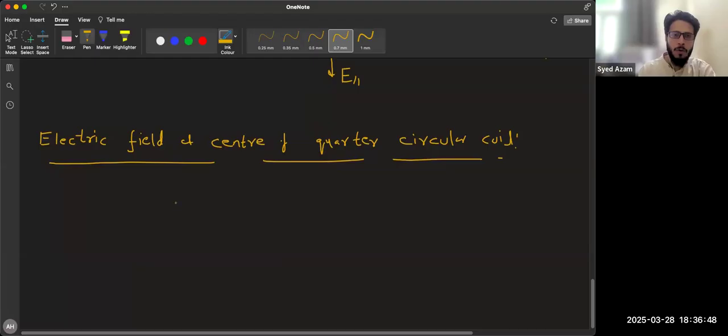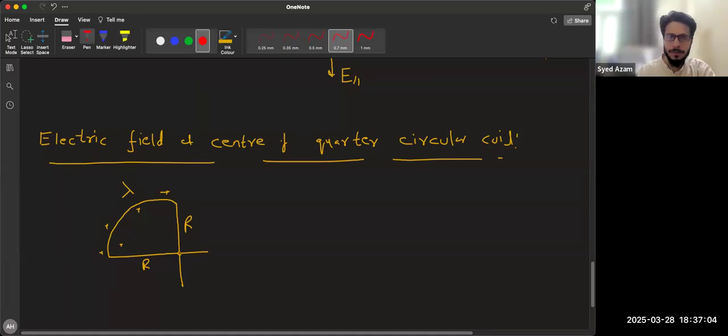So if you have a quarter circle, this is a quarter circle. It has some positive charge. Linear charge density is lambda. Radius of the circle is r. You are supposed to calculate the electric field at the center of the quarter circle.